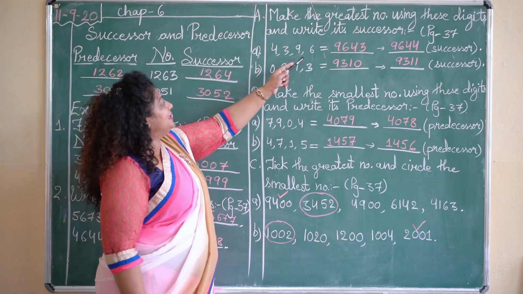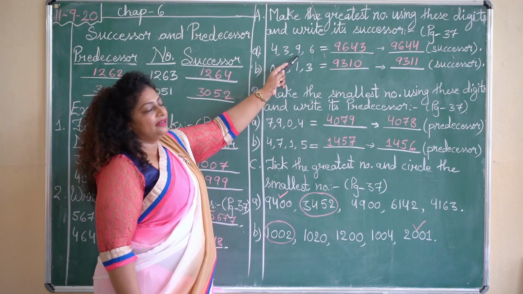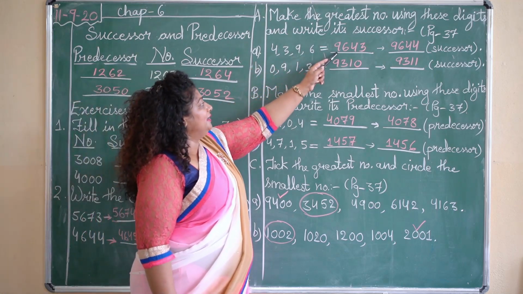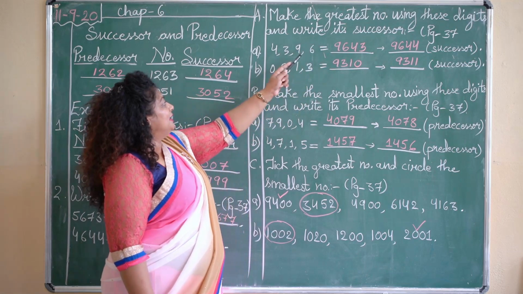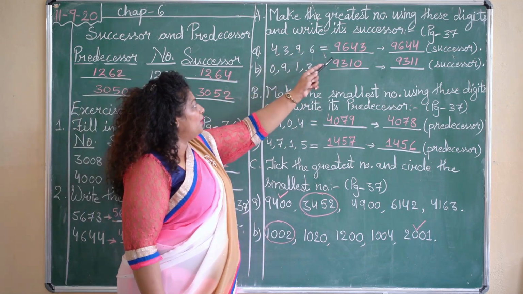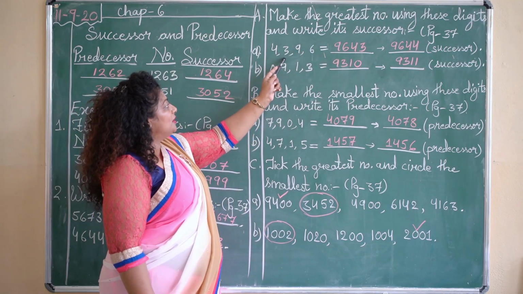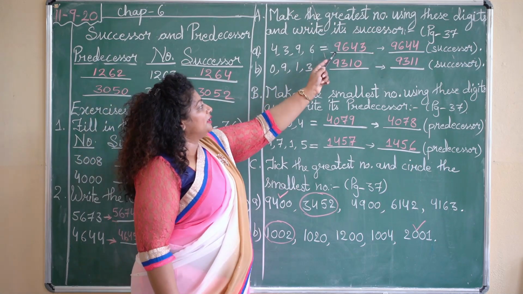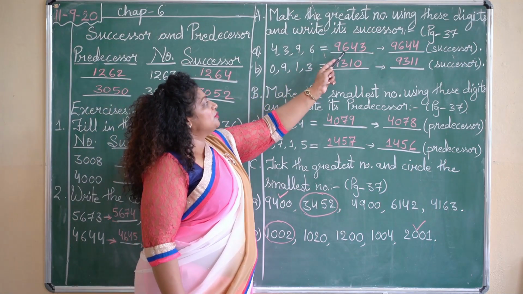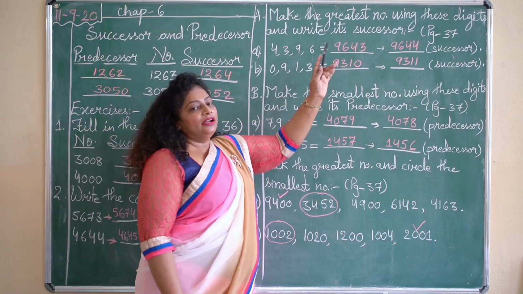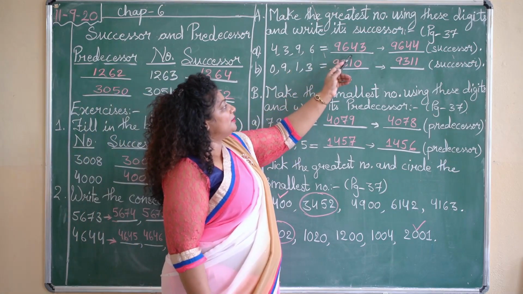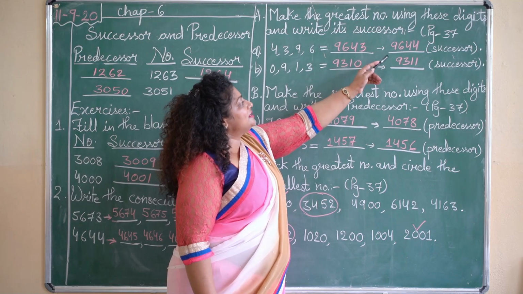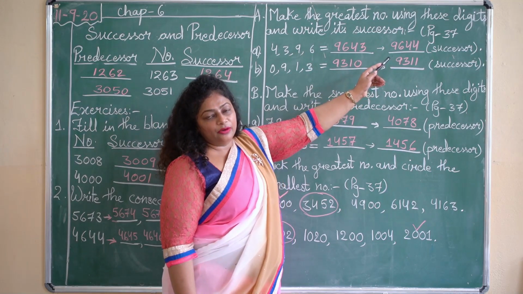What is the greatest digit? 9. So first we'll write 9 here, then smaller than 9 is 6, then smaller than 6 is 4, and the smallest digit is 3. So the number we got is 9643. Now we have to write the successor also of this number. The successor of this number will be 9644.